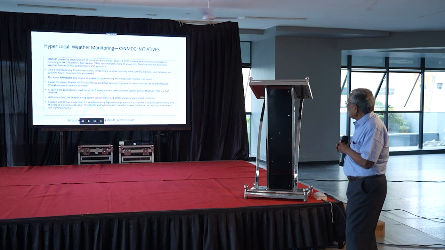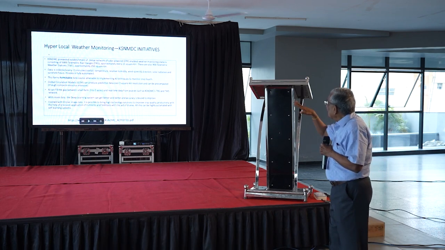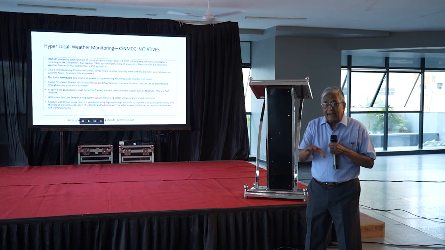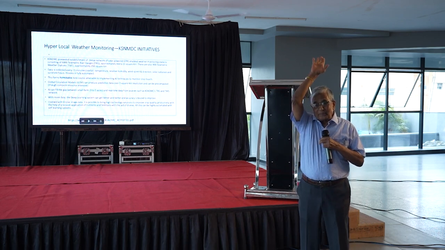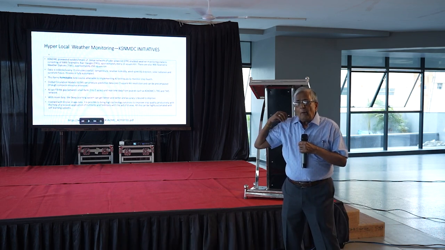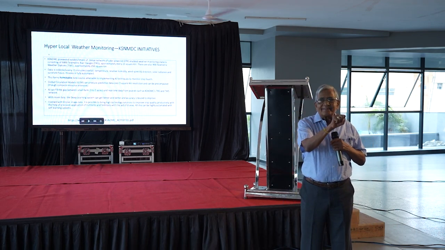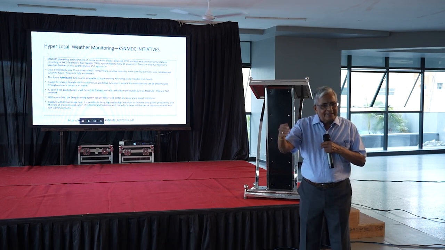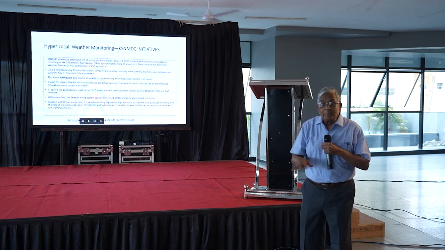Right? I want to mention here hyper-local weather. I mentioned that Karnataka, many years back, about 10 years back, not today, installed a huge number of micro weather stations and rain gauges for a weather program. And this is something unique.